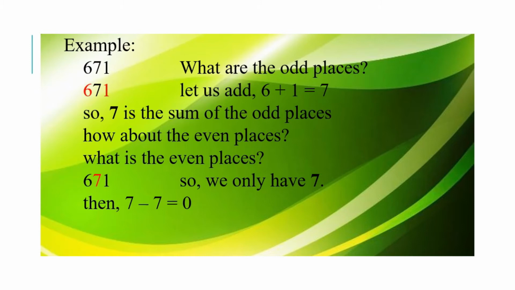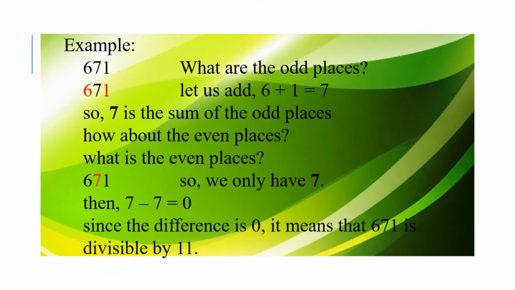We will subtract the odd places and the even places and find their difference. And 7 minus 7 is equals to 0. Very good. Since the difference is 0, it means that 671 is divisible by 11. Understood? Very good.